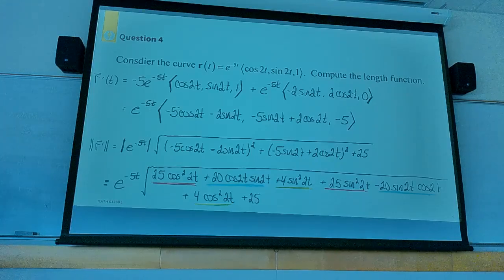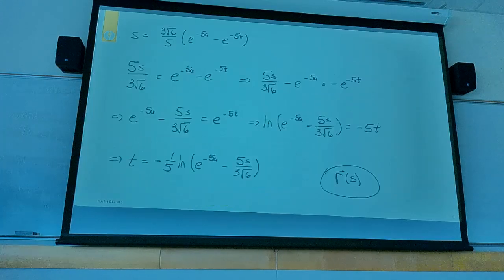Yeah, it looks hideous, doesn't it? It is hideous. And then, of course, you have to determine now what's the integral for s, which I'm not going to worry about because that's too hideous. I don't feel like doing it. But that is how you would find an arc length parameterization.